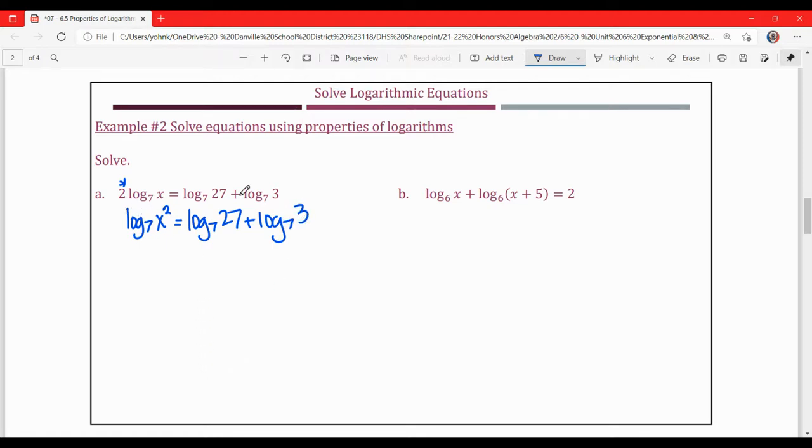Now I know that if I'm adding 2 individual logs together, I can combine them by multiplying. So this becomes log base 7 of x squared equals log base 7 of 27 times 3. So I can say log base 7 of x squared equals log base 7 of 81.